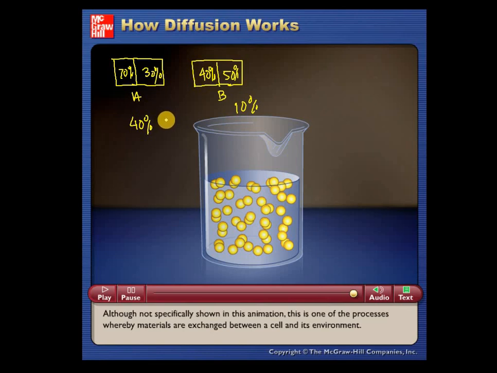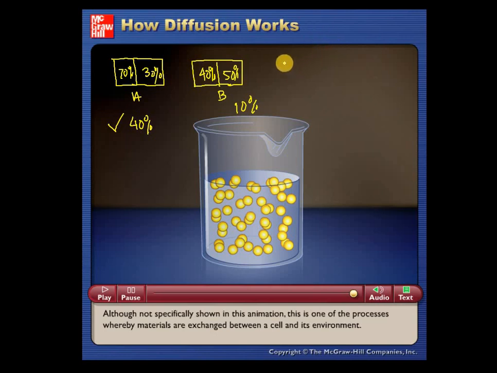So, obviously, guys, the area or the container which has a steeper, or mas malaki yung difference. So, the steeper is the concentration gradient, the faster is the rate of diffusion.